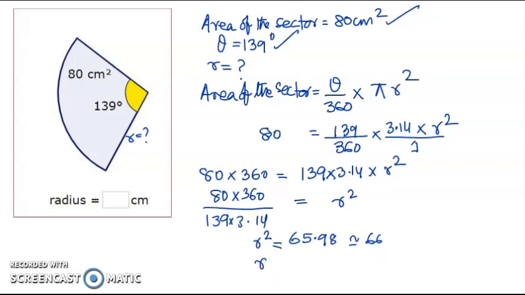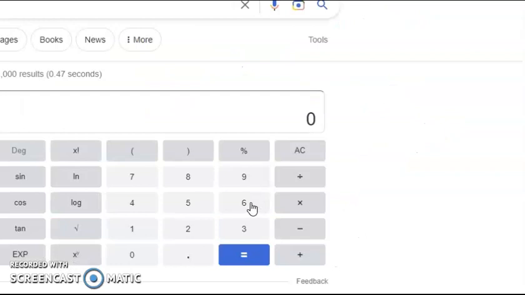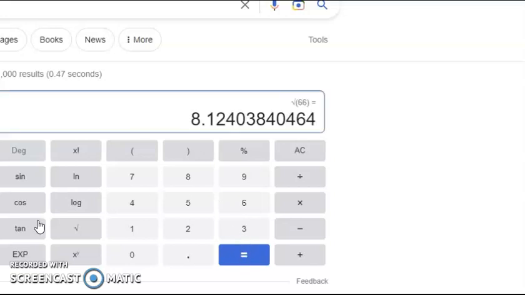So r is equal to under root 66 centimeter, which gives us 8.12.